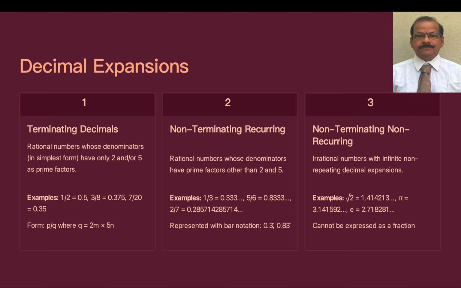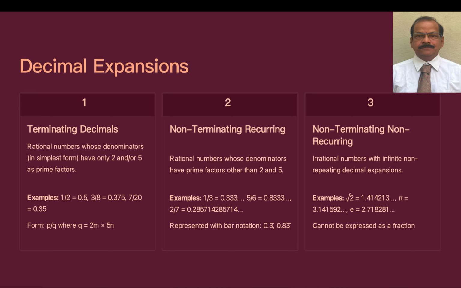Now non-terminating but recurring. Once it is recurring, we can always multiply with a suitable number and subtract one from the other and express it as a fraction. Okay. Non-terminating and non-recurring: we don't know what is the next number that is going to come because it's not repeating, and also it's non-terminating because it's going on indefinitely to infinity.